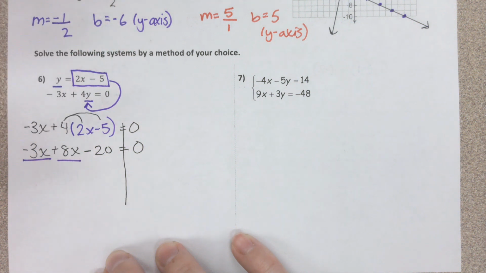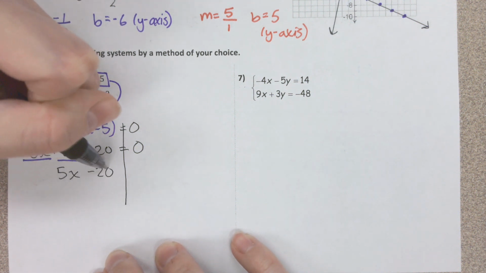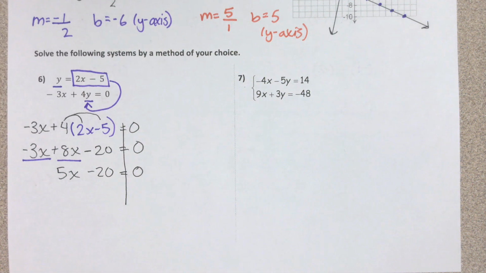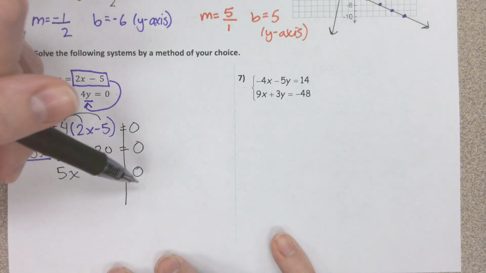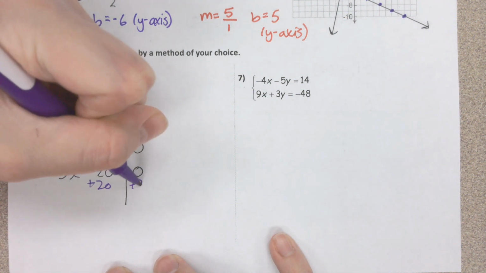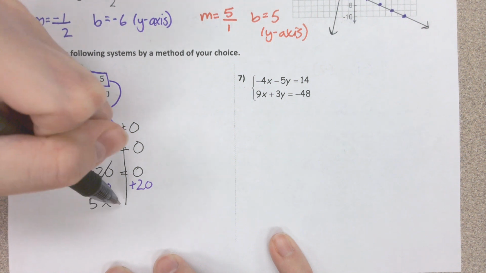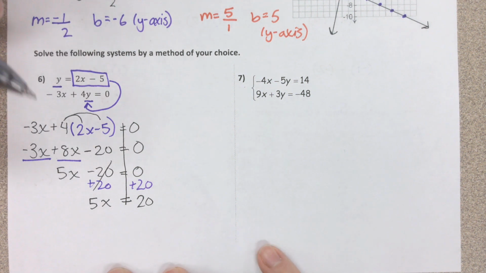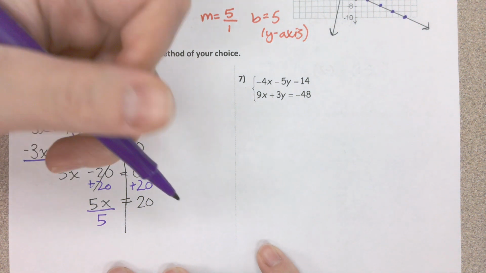Negative 3x and 8x, that's 5x minus 20 equals 0. 2 more steps. This is a minus 20, so I need to move it over to the right side. I'm going to plus 20. 5x equals 20. And then lastly, to get rid of the 5, I just need to divide. Divide by 5 on both sides.